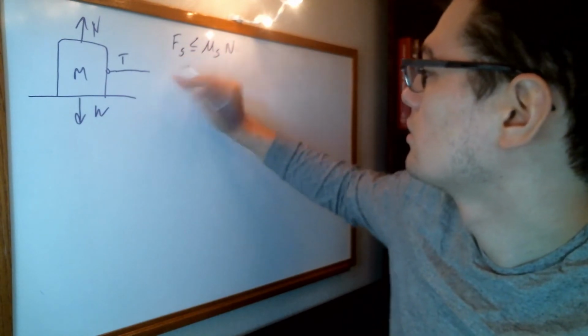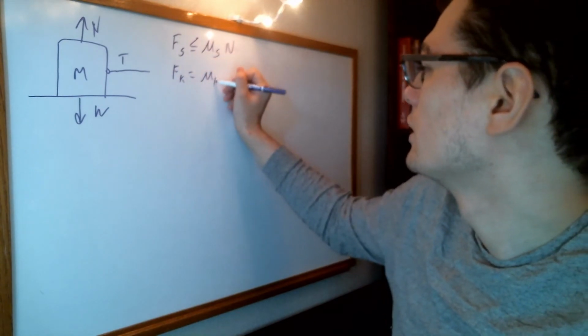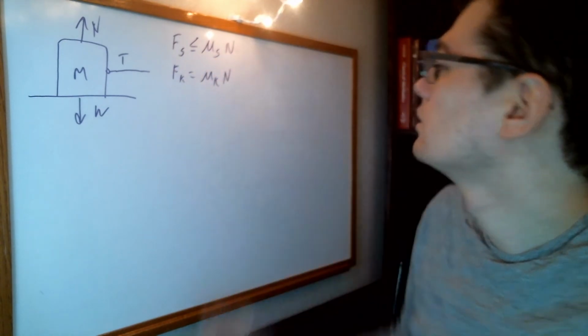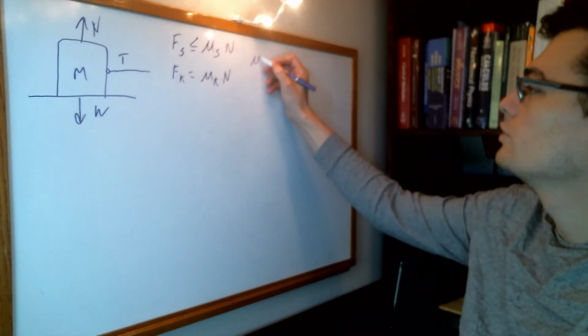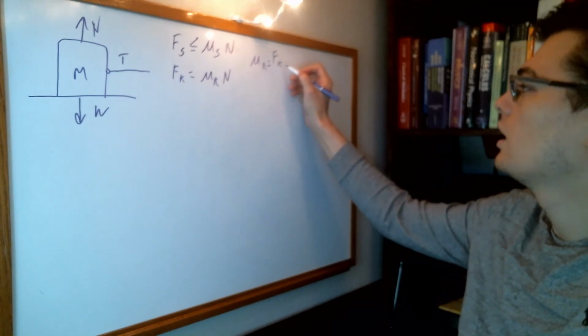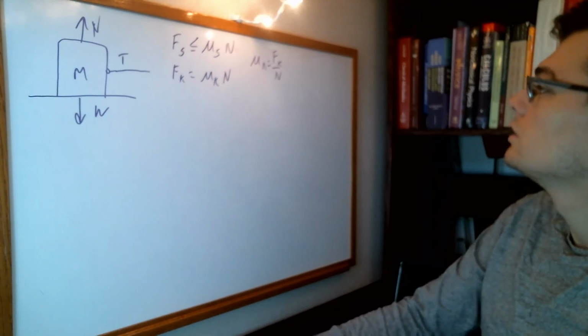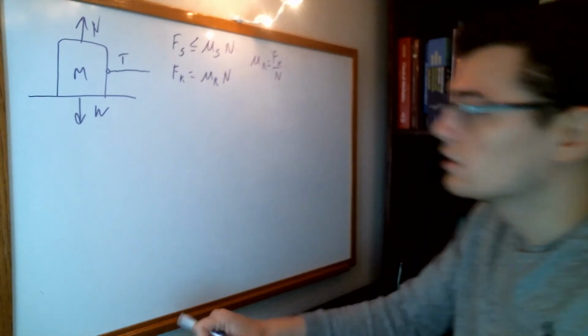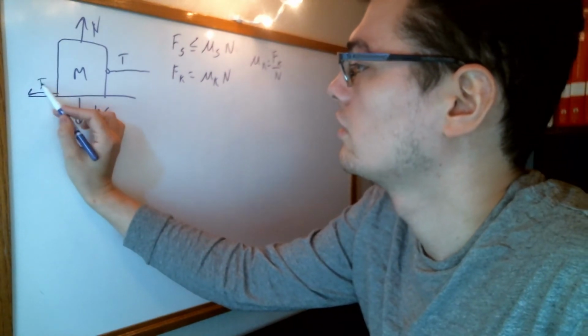So right now what we can see is that mu k here is going to be a ratio of Fk and N. And so this is F due to friction here.